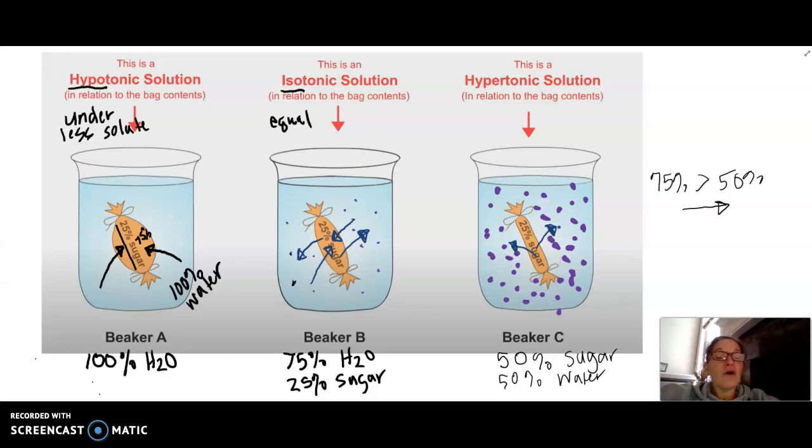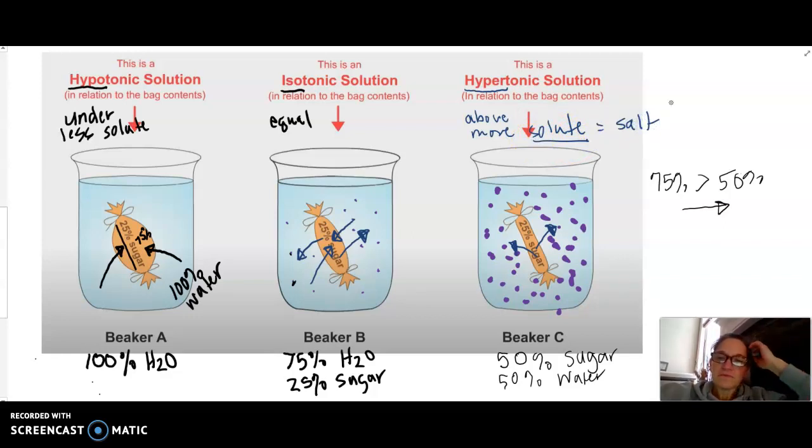And so as water moves out, the cell is going to lose volume or lose mass, and it's going to shrink when it is in a hypertonic solution. Hyper is above or more. Solute, so solute equals the salt or the sugar or the particles, not the water.